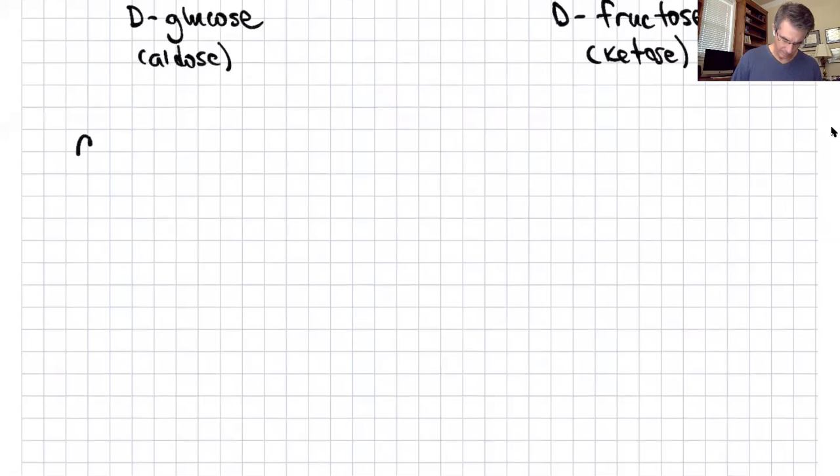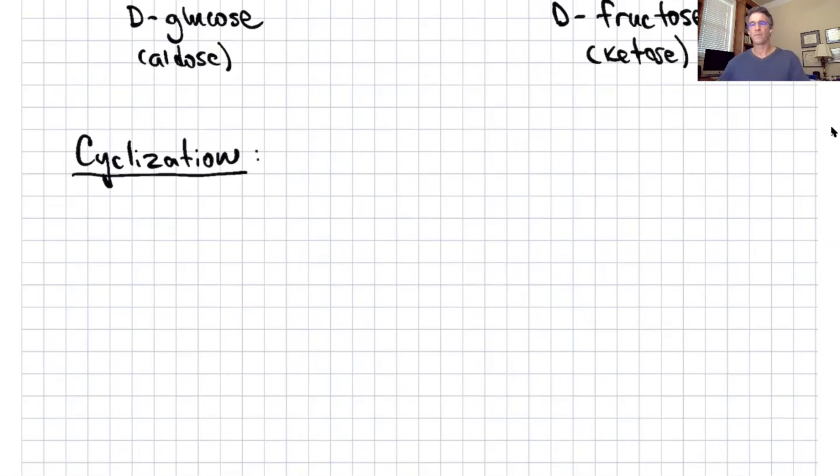The 5, 6, and 7 carbon monosaccharides don't want to spend most of their time in a linear form. They will linearize, and for certain types of chemistry enzymes are going to go out of their way to shove them into a linearized form. But given their own choice, they're going to cyclize.